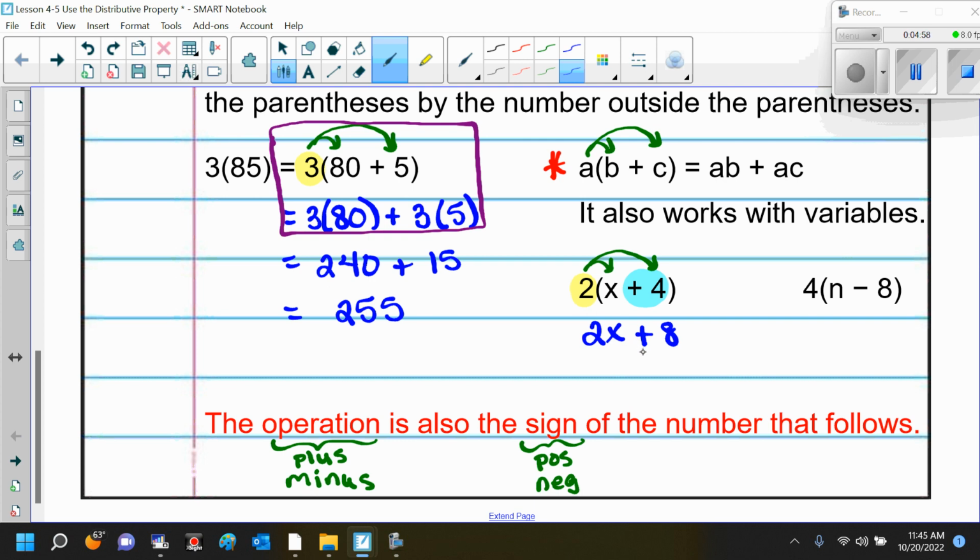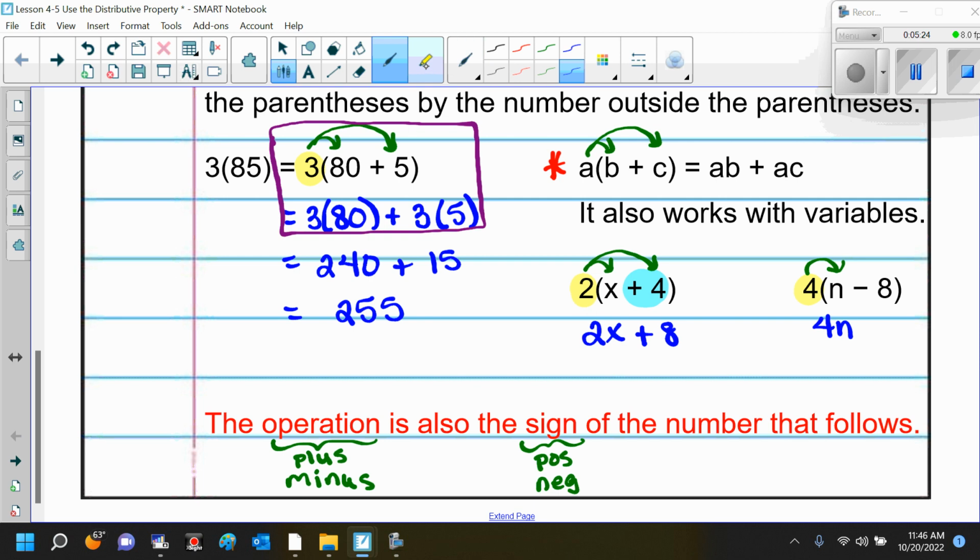Is everybody clear? So now if I look at this one over here, remember, the operation is also the sign of the number that follows. So we're going to take that 4 and distribute it throughout the parentheses. So that 4 gets multiplied. We're going to multiply 4 times n. What's 4 times n? 4n.